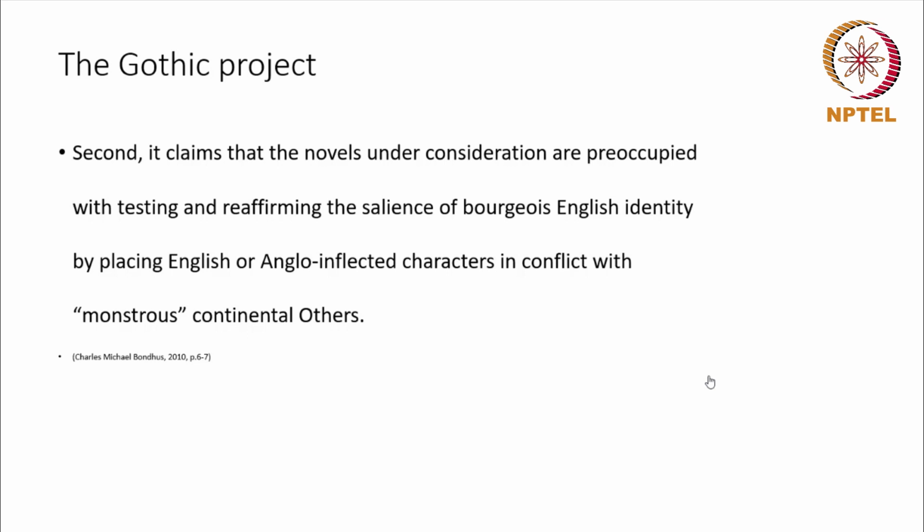One is the middle-class English identity, which is largely represented by English or Anglo-inflected characters, and these characters come in conflict. They battle with the monstrous continental others, and it could be colonial others as well. In this battle, the English or Anglo-inflected characters emerge supreme. So what is affirmed, what becomes triumphant, is the importance and the righteousness of the middle-class English identity through this Gothic project.